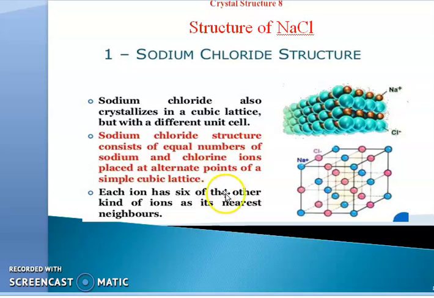Each ion has 6 of the other kind of ions as its nearest neighbors. Each one has how many nearest neighbors? 6 of the other kind of ions. This is about sodium chloride.